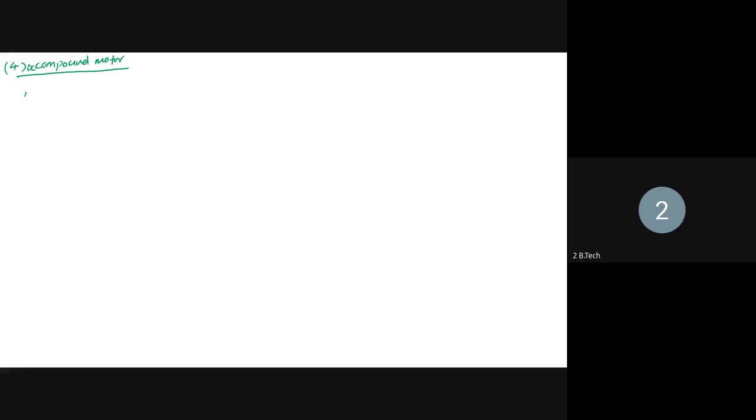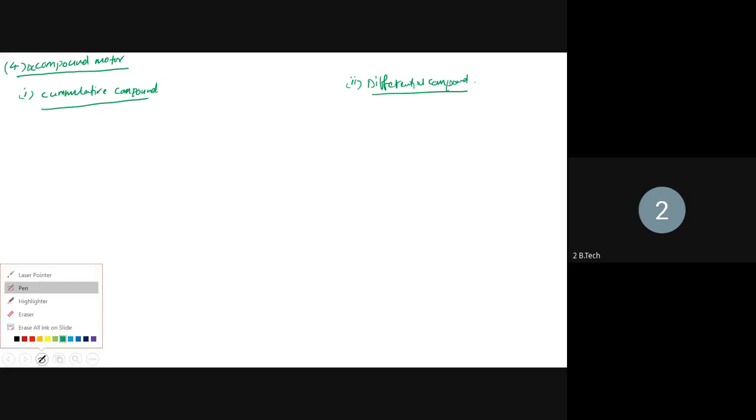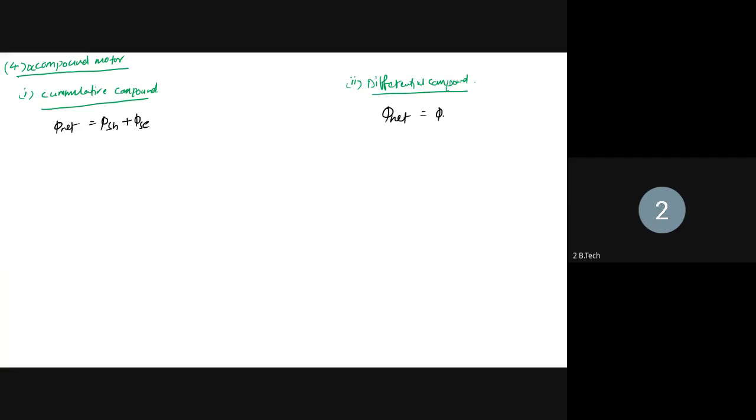In this one, the first one is the cumulative compound, and the second one is the differential compound. Cumulative compound means addition of the two fluxes, so the net flux in the machine is the shunt field flux plus series field flux, and differential compound is where the net flux is shunt field flux minus the series field flux.